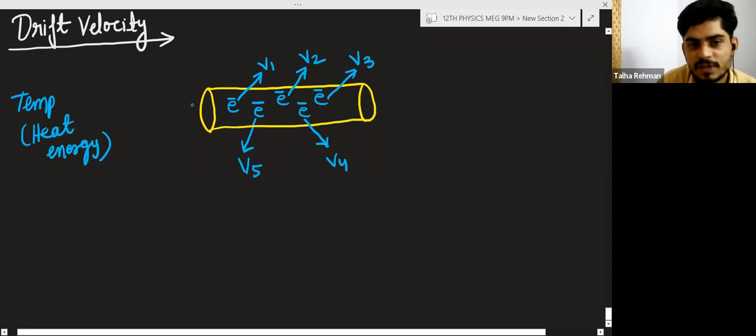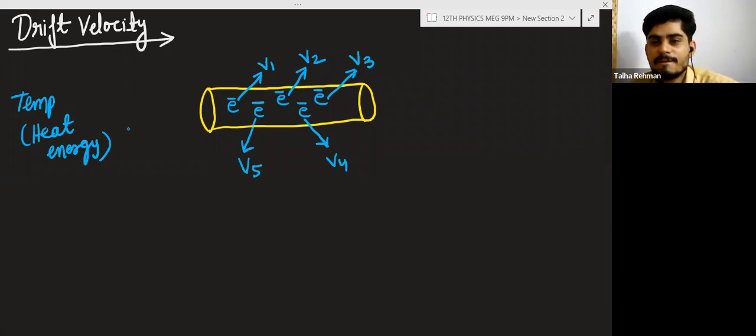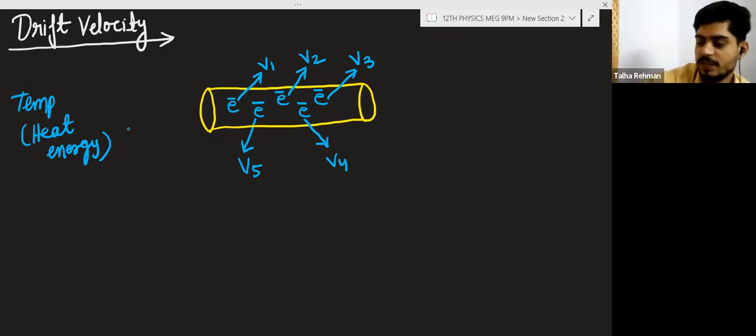Heat energy is transferred to the electrons due to the temperature of the room, and due to this heat energy these electrons perform random motion, meaning the velocity of these electrons is in random directions.